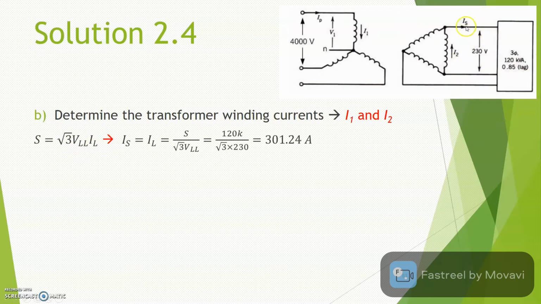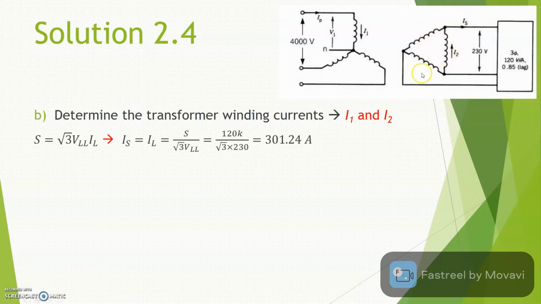Because we know V line-to-line is 230, you key in the value: 120K divided by square root 3 multiplied by 230. So you get IS, which is your I line, equal to 301.24 ampere.